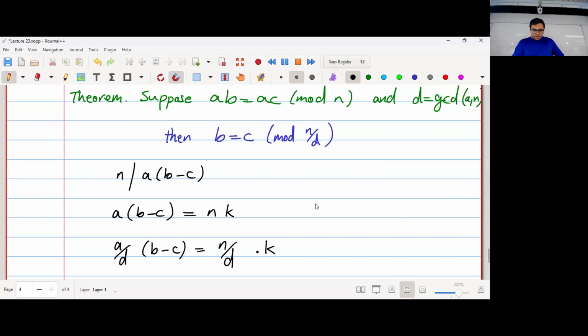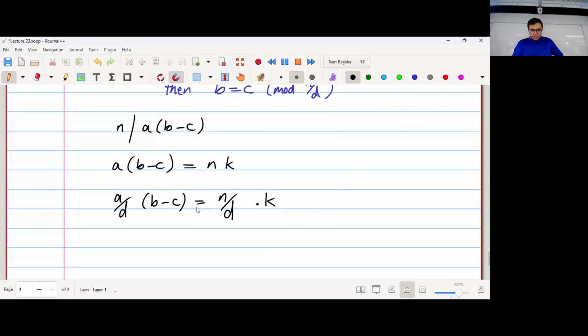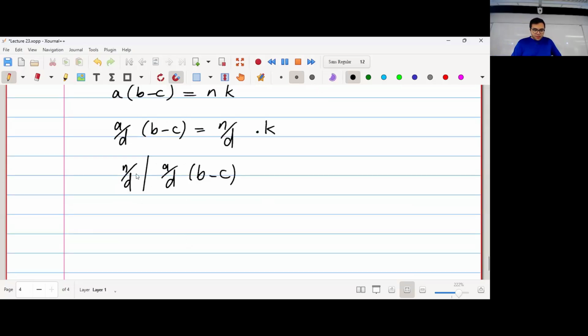Okay. So this N over D divides this part, right? Because this left-hand side is N over D times some number K. So N over D divides A over D times B minus C. Okay, what is the GCD of these two numbers?